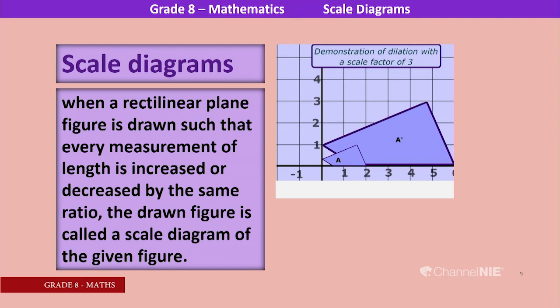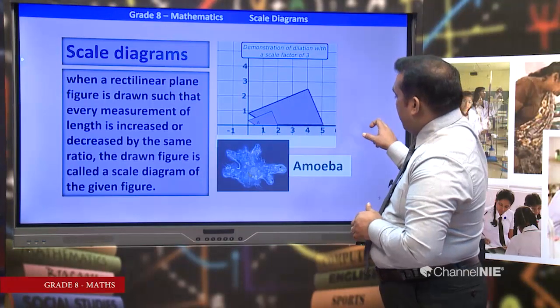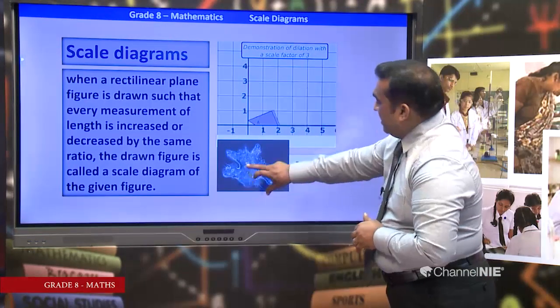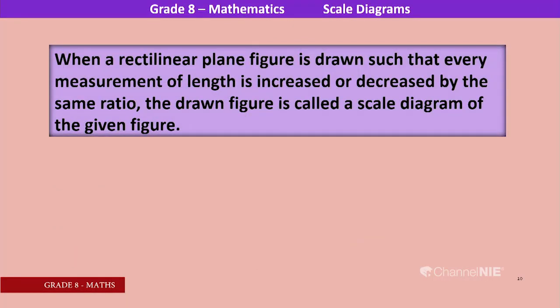Increasing actual measurements, yes, amoeba. When a rectilinear plane figure is drawn such that every measurement of length is increased or decreased by the same ratio, the drawn figure is called a scale diagram of the given figure.